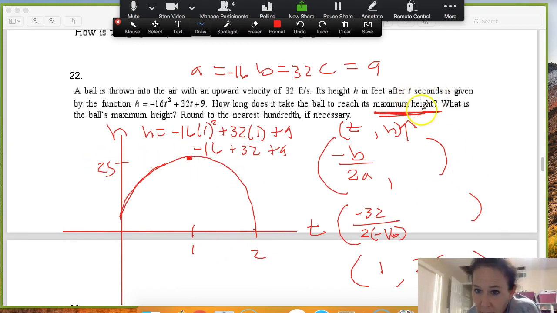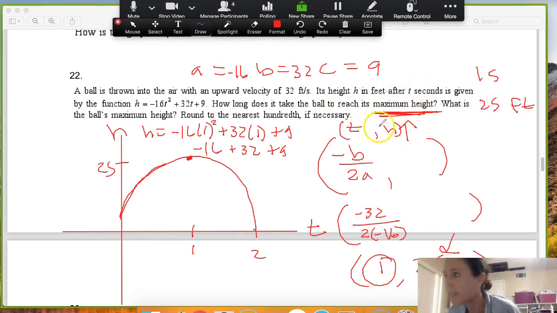So what is the max height? How long does it take the ball to reach there? It takes the ball 1 second to reach its max height of 25 feet. Okay, so 1 second. What is the ball's max height? 25 feet. So when they want to know how long it takes to reach the max height, that's the x value of your vertex, that's 1 second. When they want to know the max height, it is the y value of your vertex. So really what they're asking you for, how long does it take to reach the max height?